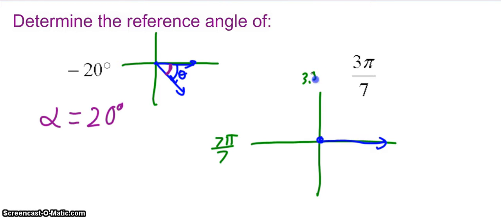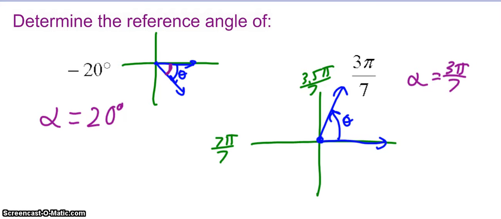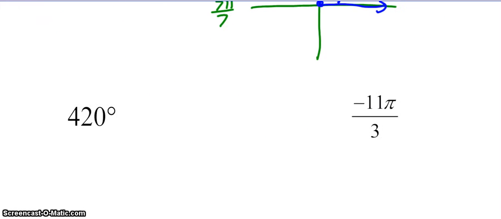This is 3.5 pi over 7. So 3 pi over 7 is in the first quadrant. If it's in the first quadrant, then theta and alpha are the same. So the reference angle is 3 pi over 7. Now 420 degrees. Let's look at that.